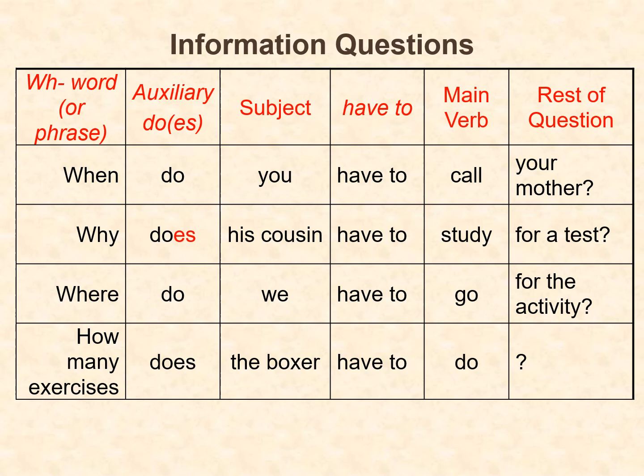So sometimes it's one word, but sometimes that question position is filled by more than one word. So we get this question word or phrase. Then we need an auxiliary, either do or does, followed by the subject. Then we get have to, then the main verb and the rest of the sentence.